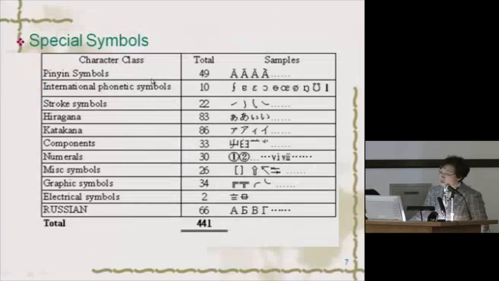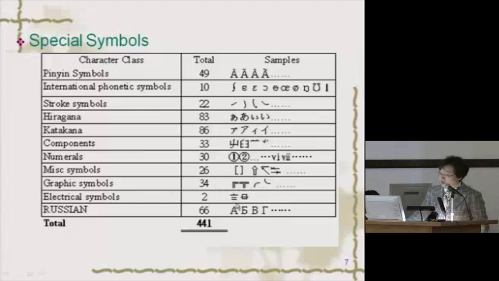Also, there are special symbols, like the pinyin symbols. We have a complete set of pinyin symbols in HKSCS. We also have some phonetic symbols. This is the International Phonetic Alphabet. There are also stroke symbols, hiragana, katakana, and you notice there are some graphic symbols for borders and things.